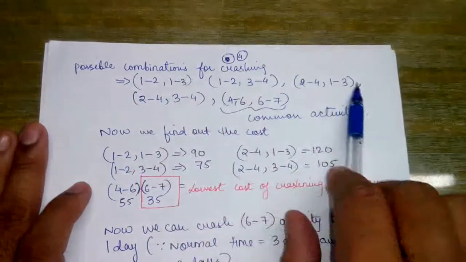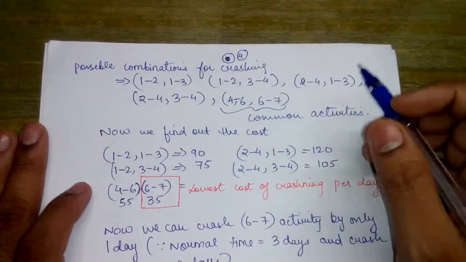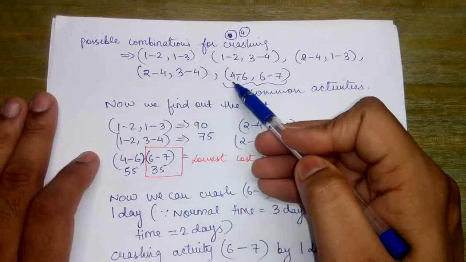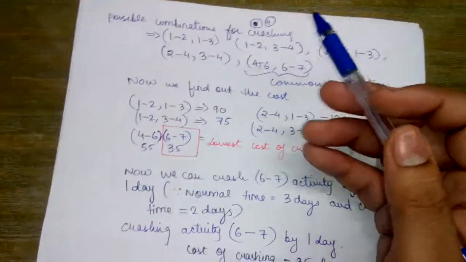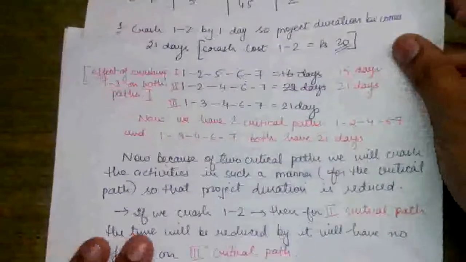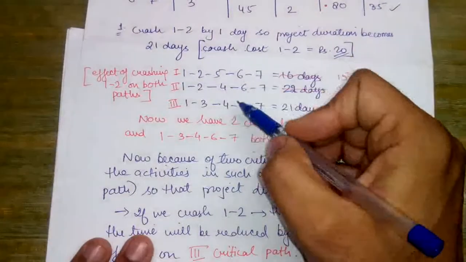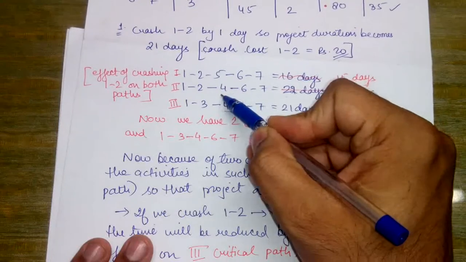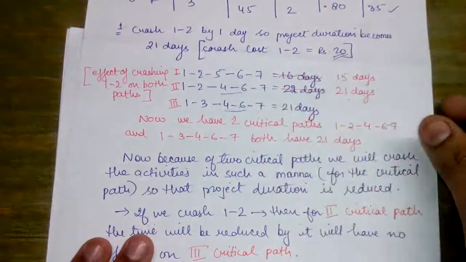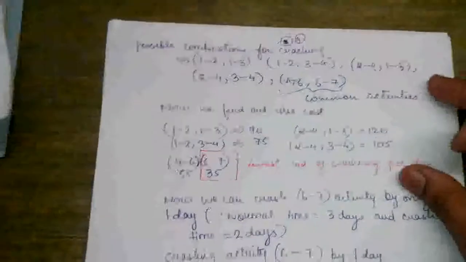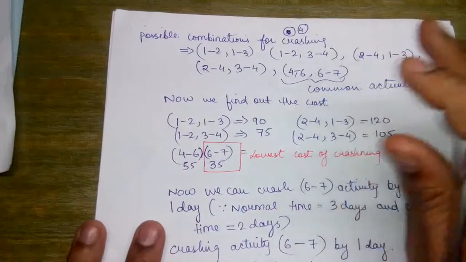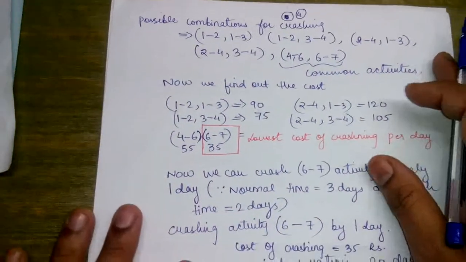Now these are the possible combinations which can be made for crashing. And we see that for these two critical paths, 4 to 6 and 6 to 7 are the common critical activities.